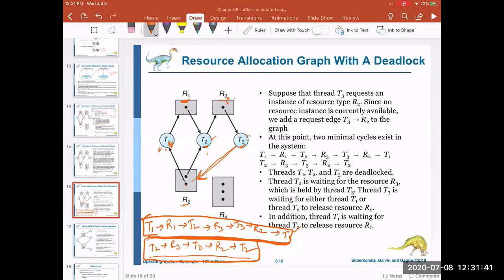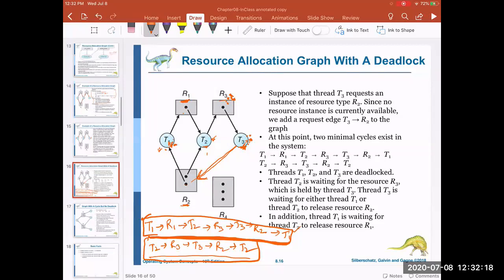So in this situation, this is not going to complete until R2 is allocated to T3. If this is not going to complete, R3 is not going to be freed. If R3 is not freed, T2 would not be freed. If this is not freed, R1 would never be freed, and all three are going to wait.